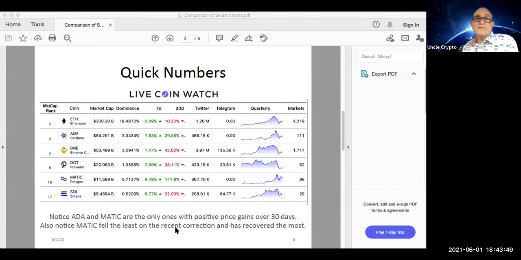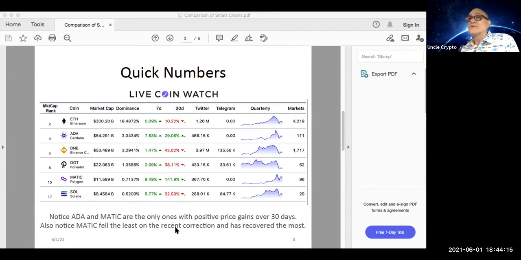And as we come down, Binance and Cardano go back and forth depending on the day. One is above, one is below. They switch around. It's got $53 billion as of this morning, and it also is about 3%. And then we have Polkadot, which is the newest of the ones that we've talked about so far, although the next two are newer.